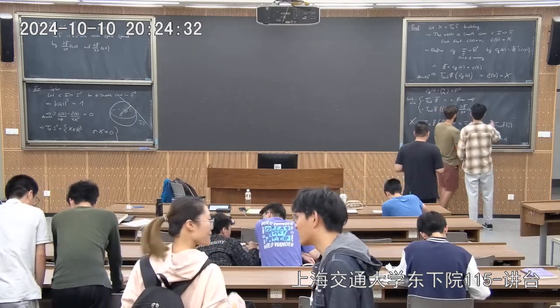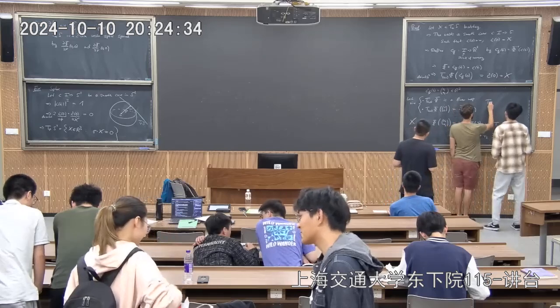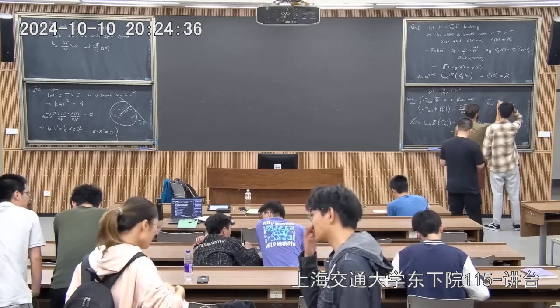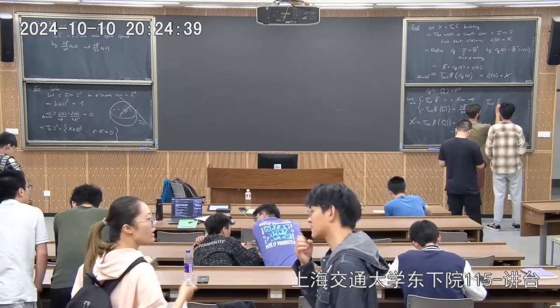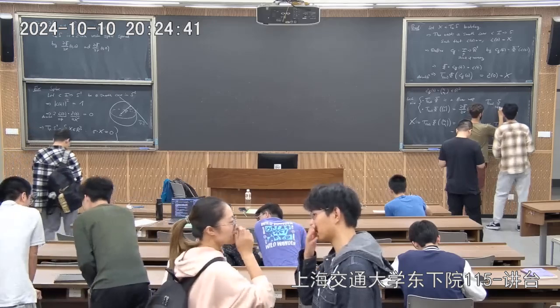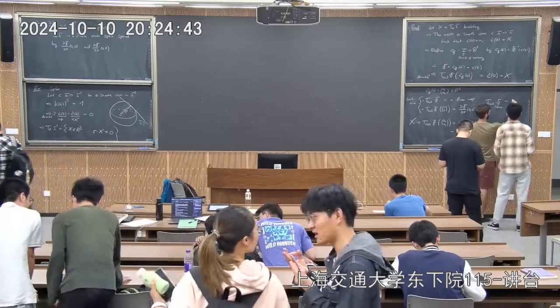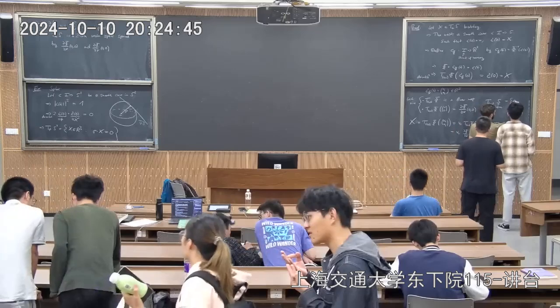So if you have T_0 phi, this one is the surface, and this one is all tangent vectors.